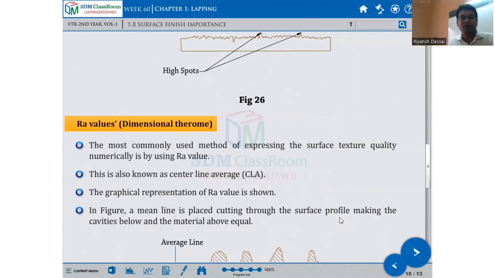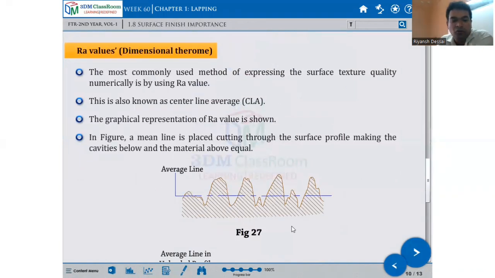The graphical representation of RA value is shown in the figure. See, this is a zoom view of a surface finish. The blue center line is the average line, and this is the way your surface finish will be.